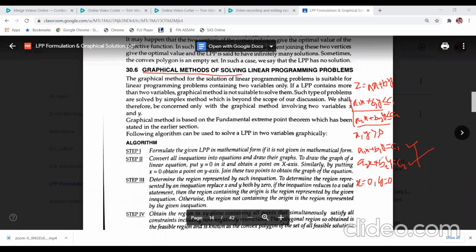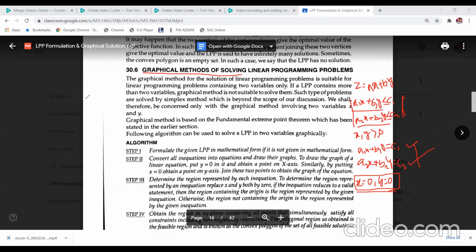After drawing the line on the graph, next you need to check the region. So in order to find the region, you put x equal to 0 and y equal to 0 in each inequation, and then check whether the inequation is satisfied by the origin or not.